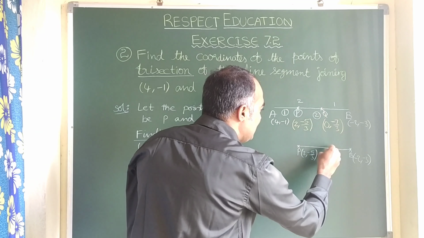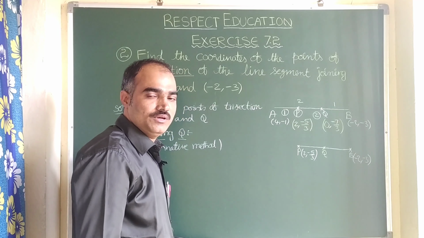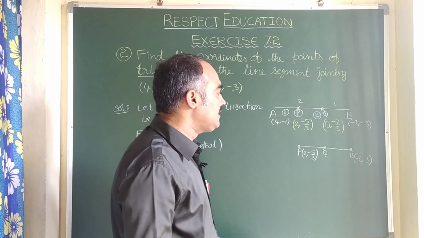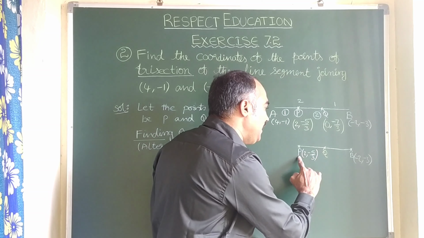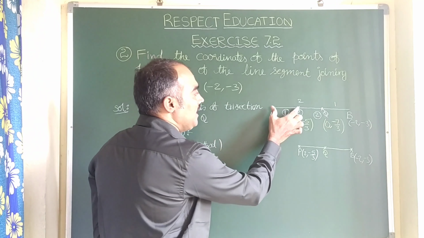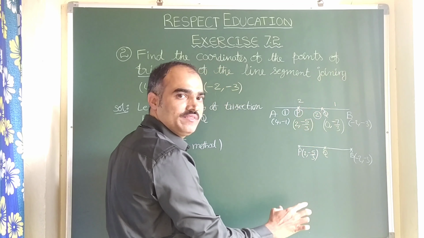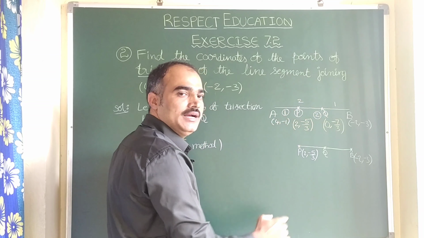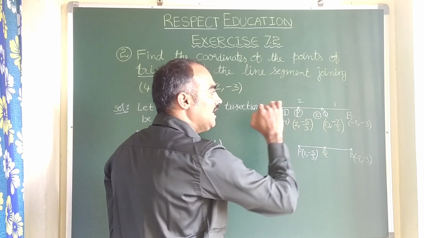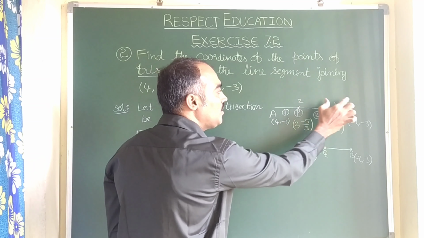Here let us write the Q. You observe here the relation among P, B and Q. Observe carefully here. AP is equal to PQ is equal to QB. That means P and Q divide the line segment joining AB into 3 equal parts.